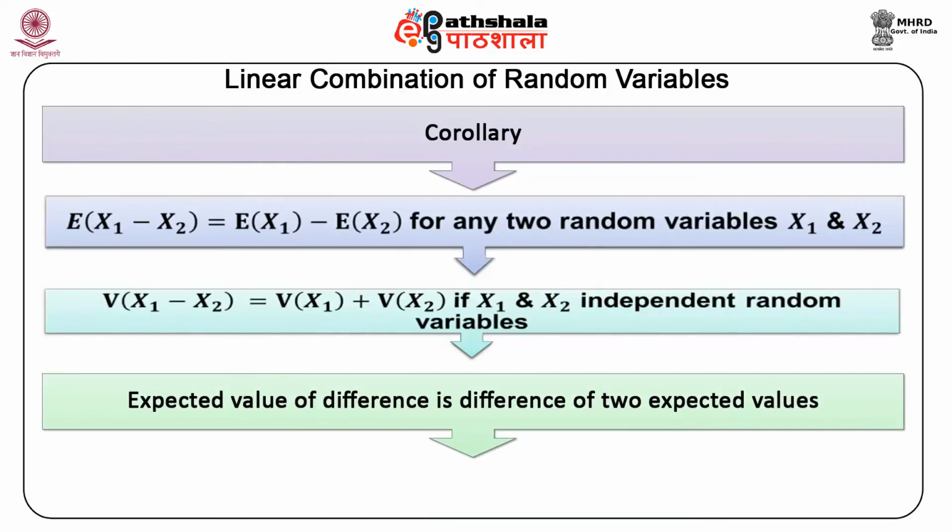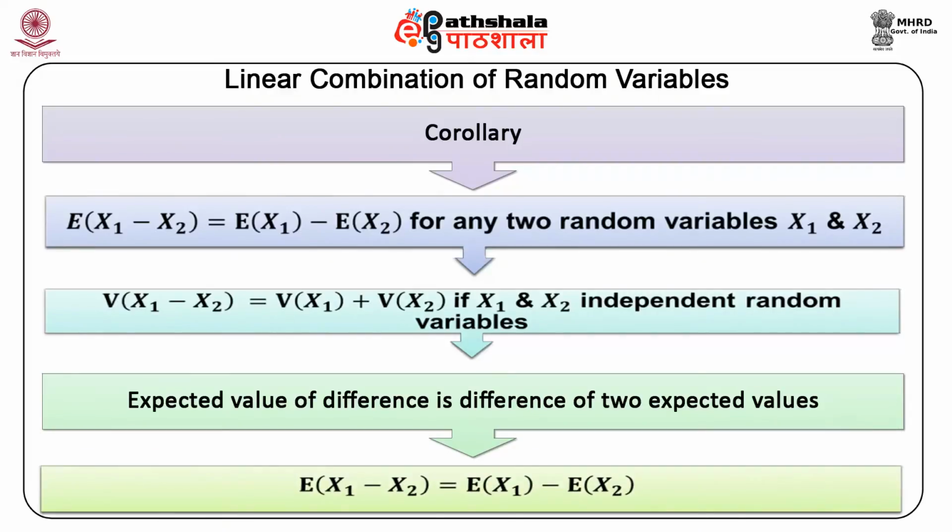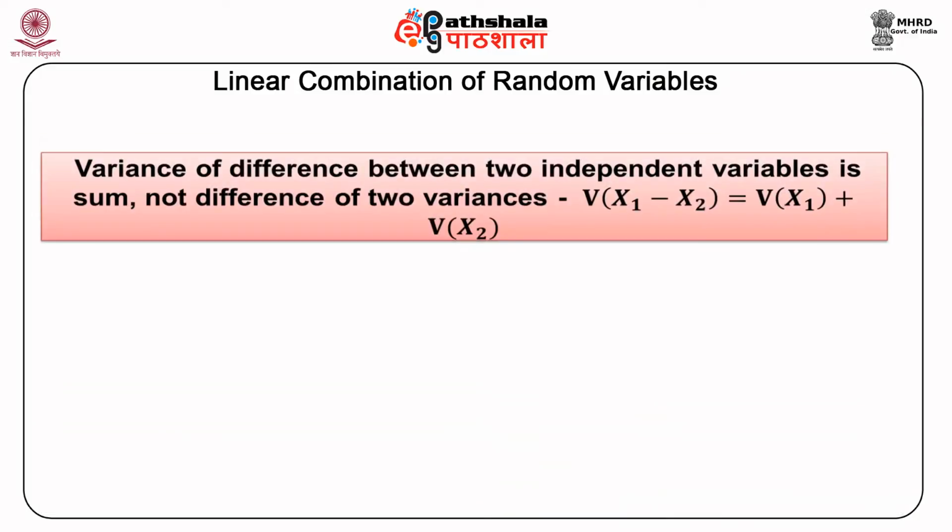Thus, the expected value of a difference is the difference of the two expected values, that is, E(x1 - x2) = E(x1) - E(x2). But the variance of a difference between two independent variables is the sum, not the difference, of the two variances. That is, V(x1 - x2) = V(x1) + V(x2).